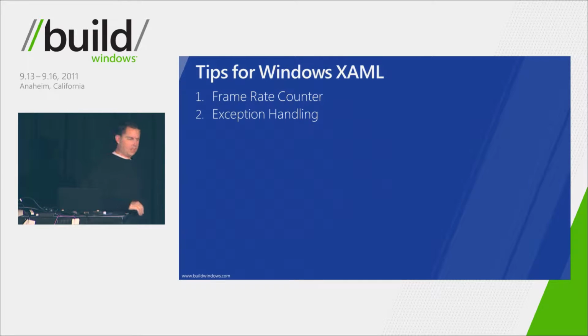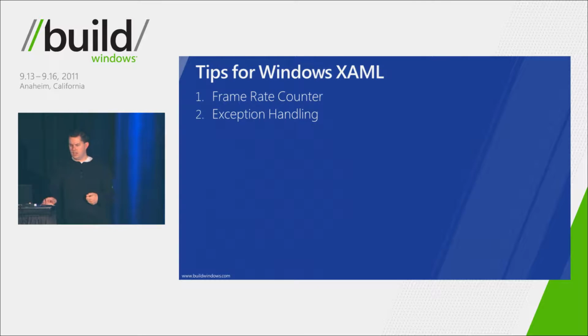OK, the second thing I want to talk about is exception handling. You've heard a lot that the APIs provided by WinRT are native APIs, right? And WinRT XAML, by the nature of what we've been calling it this week, is a WinRT API. So every UI element that you're using and anything in Windows.UI.Xaml is a native API that you're calling.